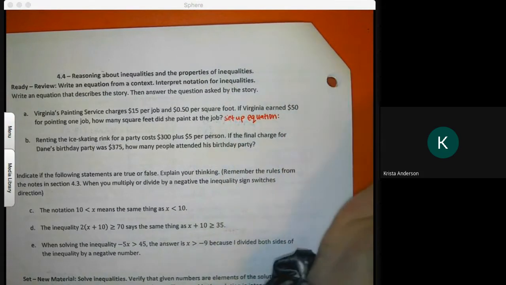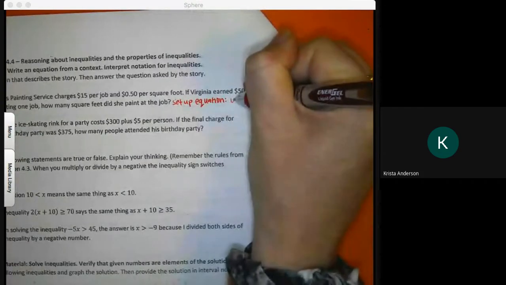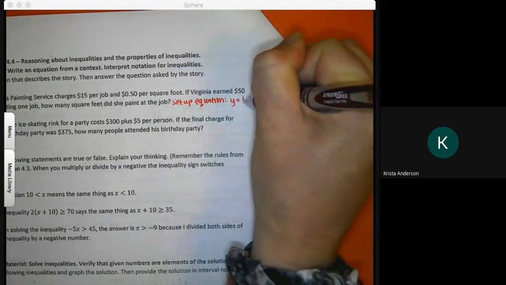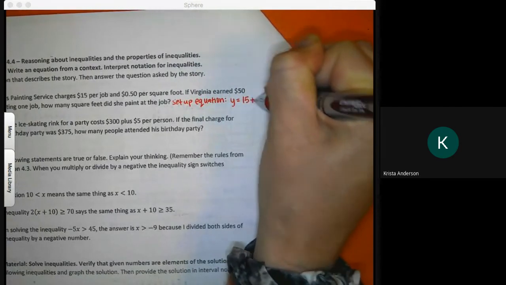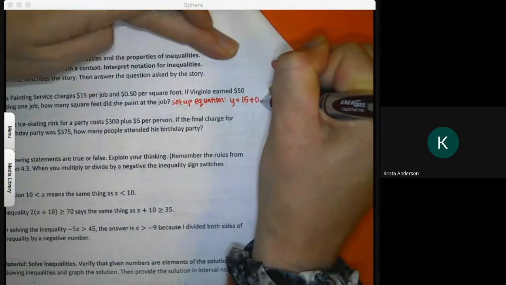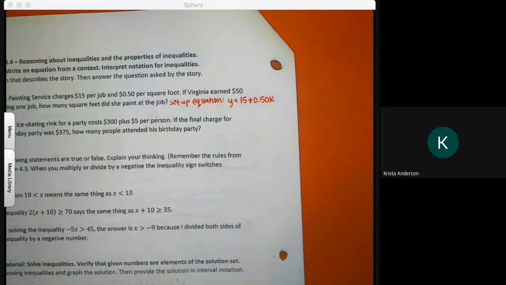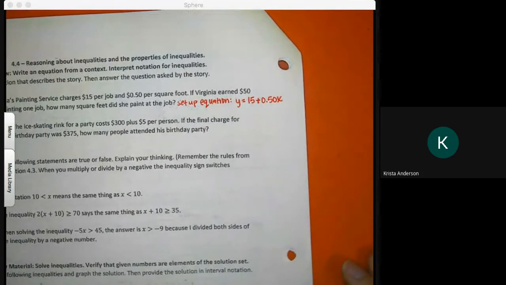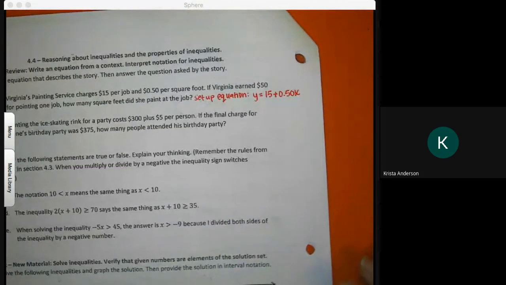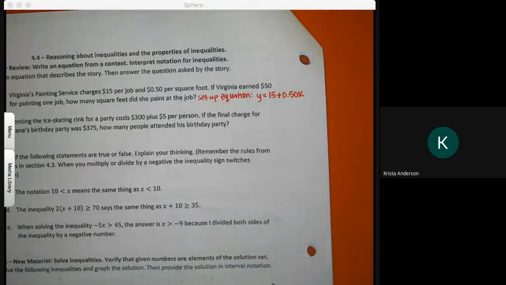My equation would be y equals 15 plus 0.50x. Why did the x go on the 50 cents? Why would that be my equation?